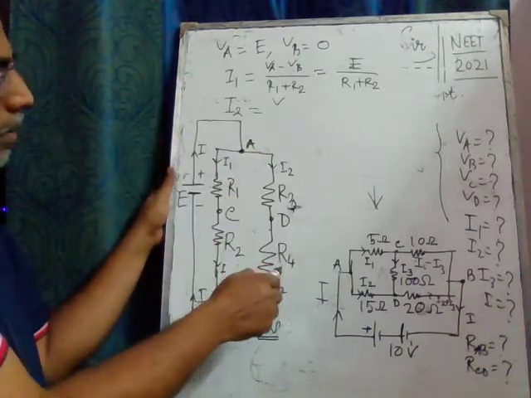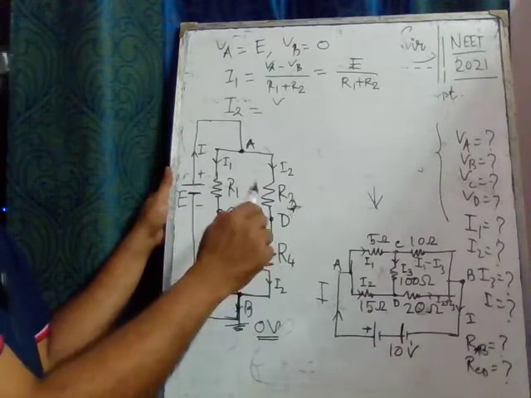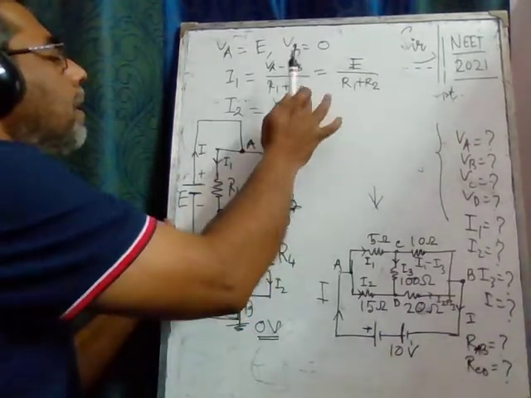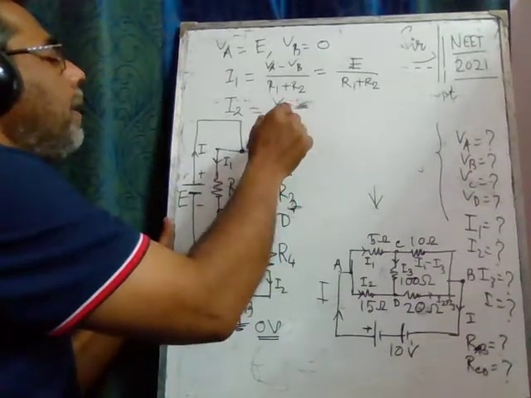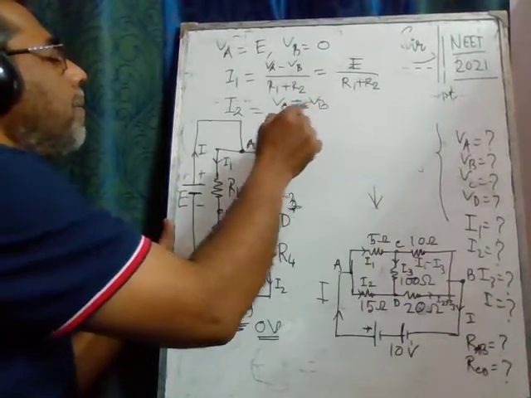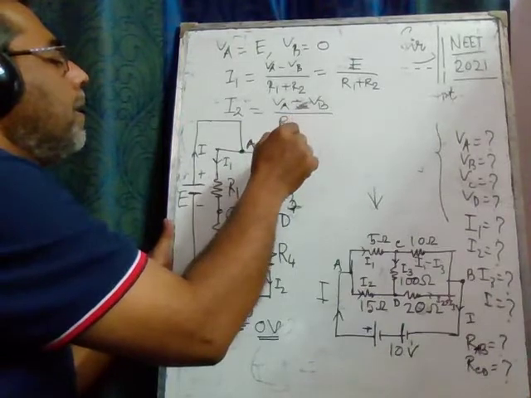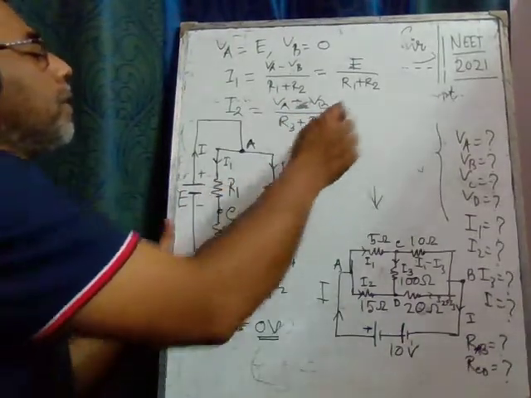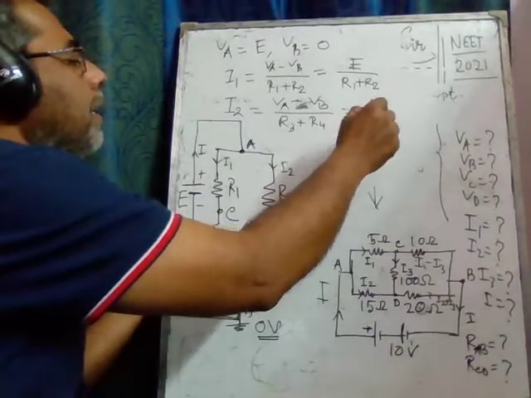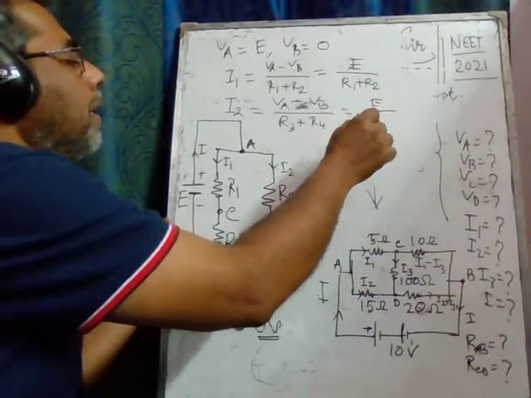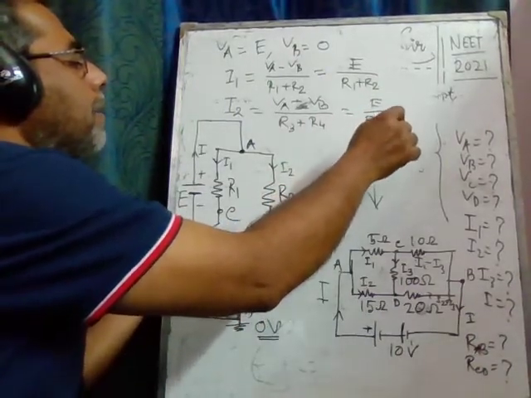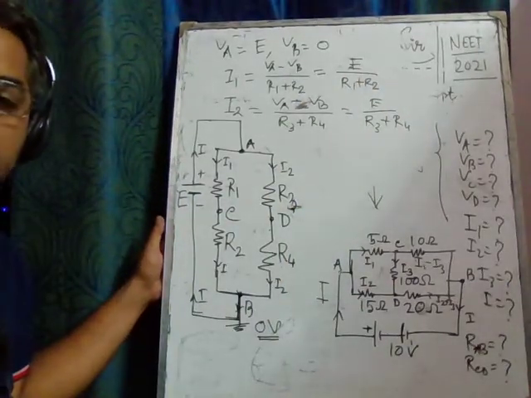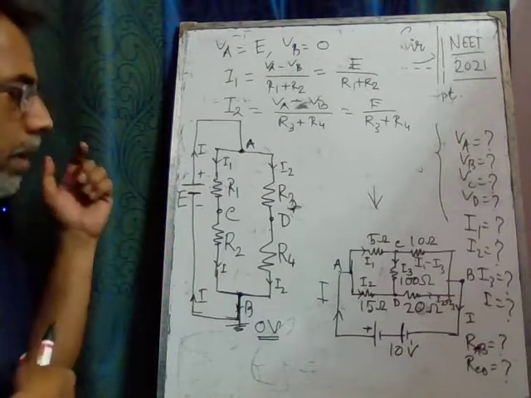R3 and R4 are connected in series, so the effective resistance is R3 plus R4. So this is again E over R3 plus R4. Clear?